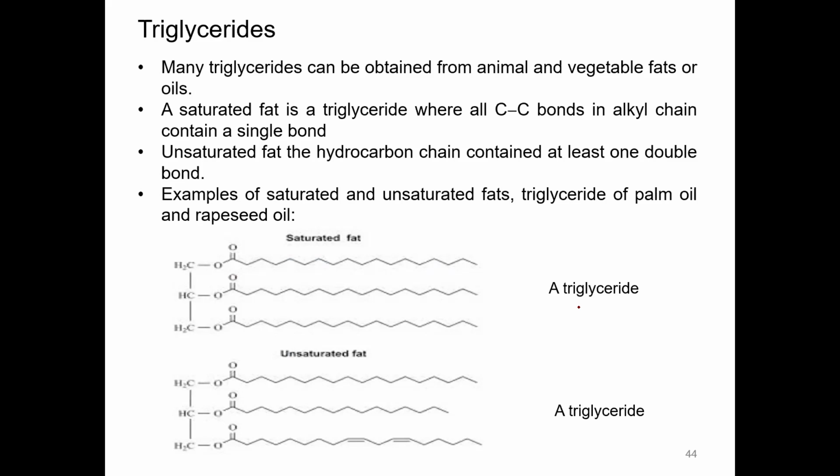In saturated fat, as you can see in the example in the figure below, there is no double bond at all in the carbon chain. This is saturated fat, and it is not good for our health. For unsaturated fat, there is at least one carbon double bond, so it is categorized as unsaturated fat.